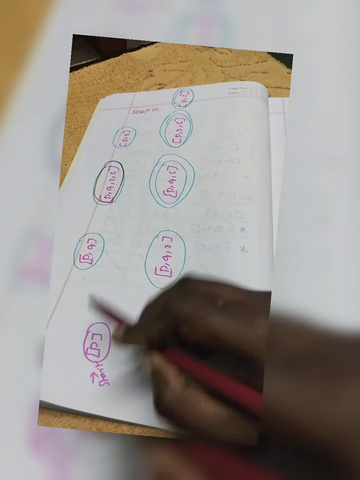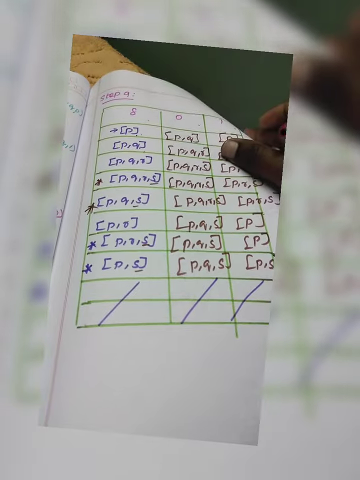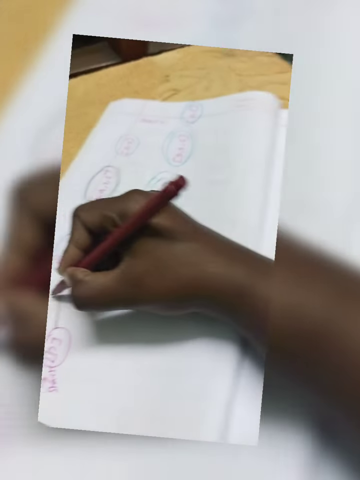Then you can convert the transition table to the transition diagram. First draw all the states. This is also a final state. Final states you can circle with a double circle. Then you can check P with the input 0, where it will go. P with the input 0 goes to PQ, so you draw it with 0.